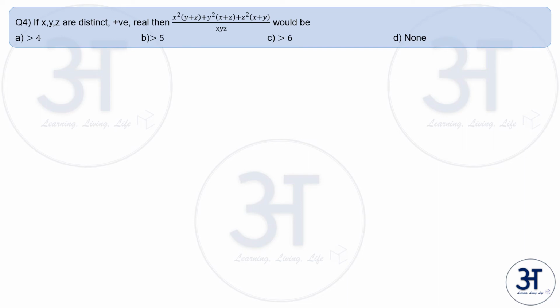Let us now look at question 4. Here is an expression given and it is said that x, y, z are distinct and positive and they are real. Then they are asking whether that expression is greater than 4 or greater than 5 or greater than 6. Someone would think that everything which is greater than 6 is obviously greater than 5 and everything that is greater than 5 is obviously greater than 4.